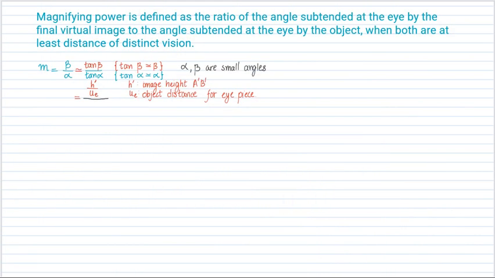So tan alpha is the ratio of the opposite side h upon your adjacent side capital D. Here h denotes the object height AB and D denotes the least distance of distinct vision.